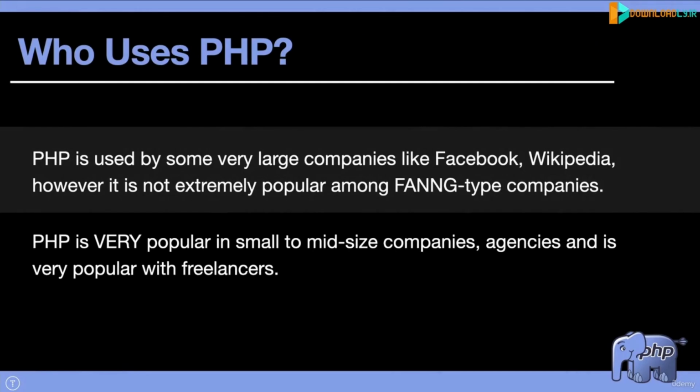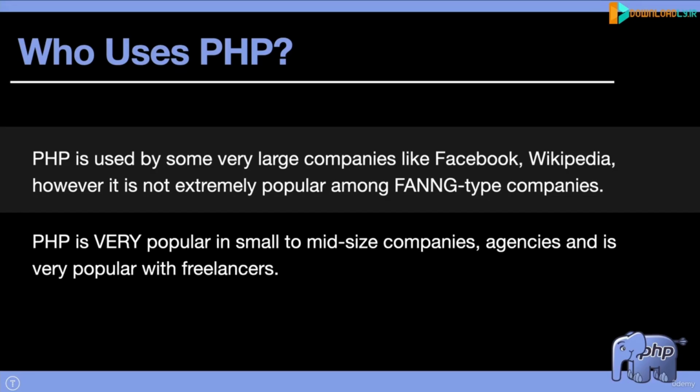So who uses PHP, and what type of developers, and which jobs? PHP is used by some of the giant companies like Facebook and Wikipedia. However, it's not extremely popular among FAANG-type companies. Where it really shines is in small to medium-sized businesses, and it's also very, very popular among freelancers.